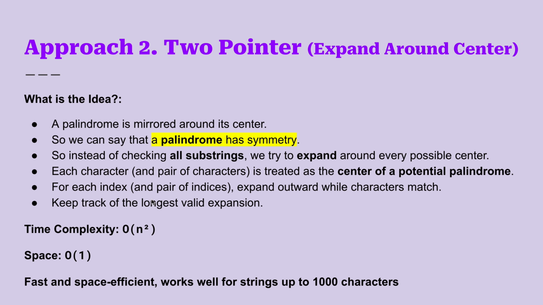In this approach we are going to use the two pointer technique, where we use the concept of expand around the center. The idea comes from the fact that a palindrome is a mirror around its center.